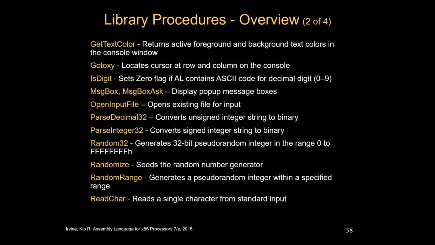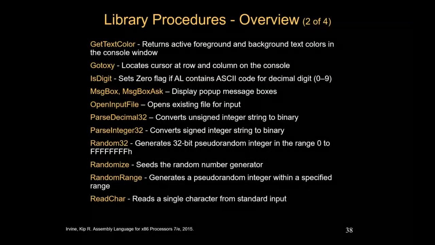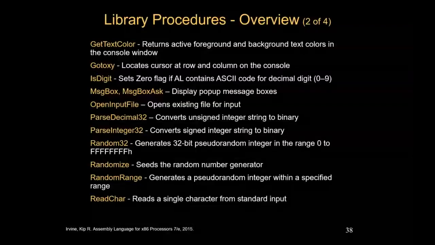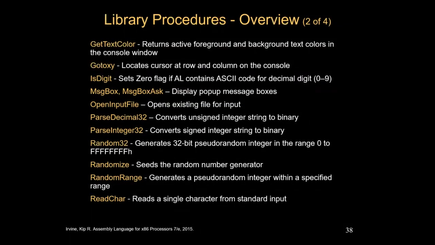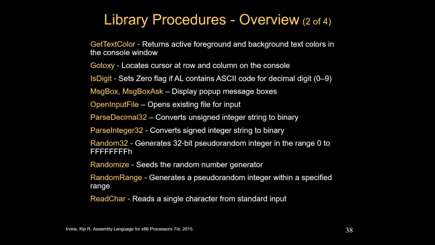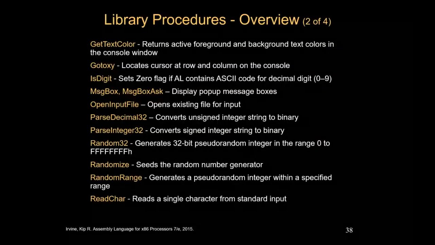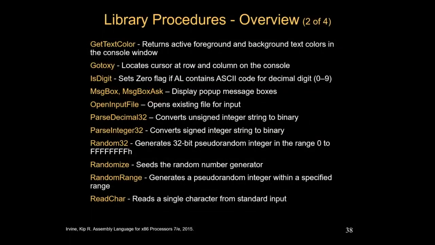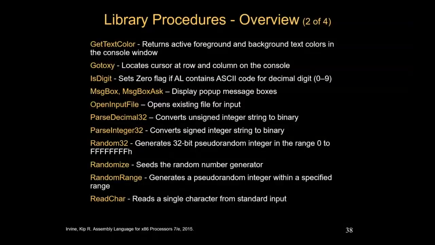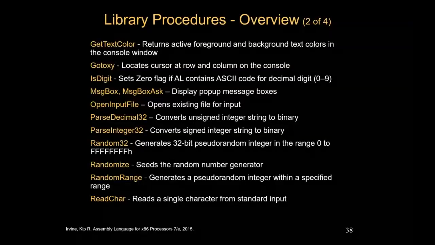And then we have the Random32, which generates 32-bit pseudo random integers in a range from 0 to FFFFFFFF. And then we have the Randomize, which seeds the random number generator. And then we have the RandomRange, which generates pseudo random integers within a specified range.